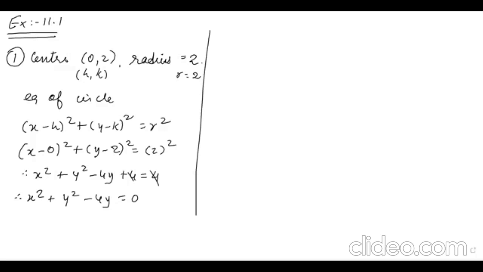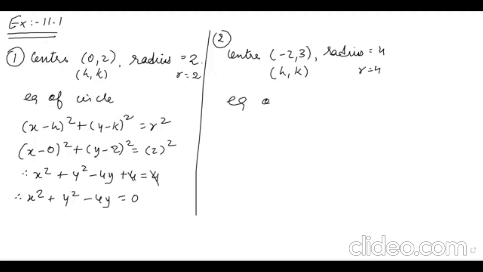Let's try to understand the second question, where the center is minus 2 comma 3 and the radius given is 4. So this is my h comma k, whereas this is my r. So equation of the circle will be x minus h whole square plus y minus k whole square is equal to r square.